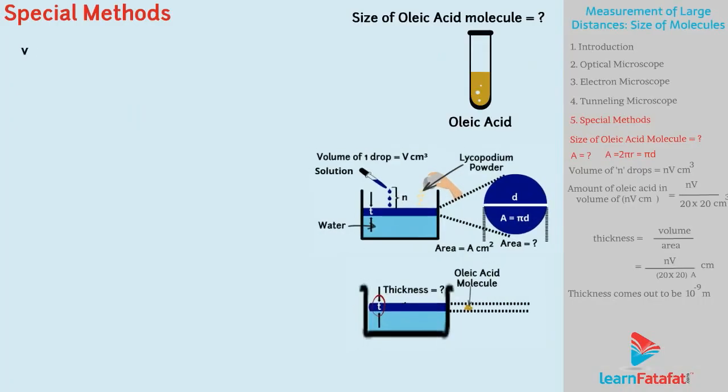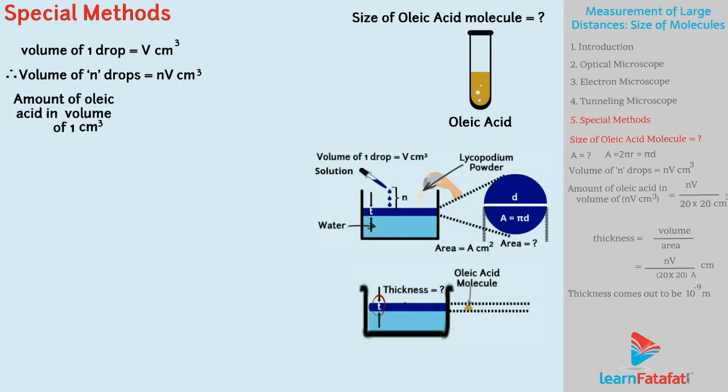For this, consider volume of one drop equal to V centimeter cube. Therefore, volume of n drops will be n into V centimeter cube. Amount of oleic acid in volume of 1 centimeter cube equals to concentration of the solution, which is equals to 1 by 20 into 20 centimeter cube.